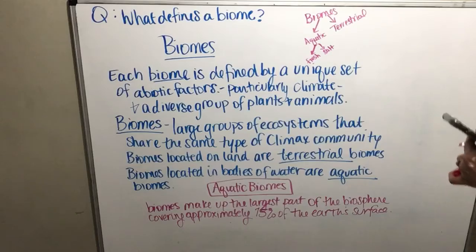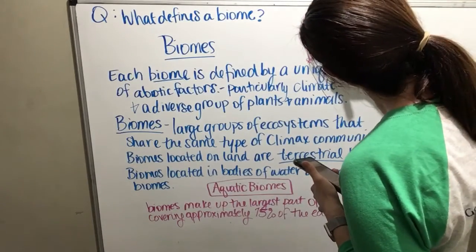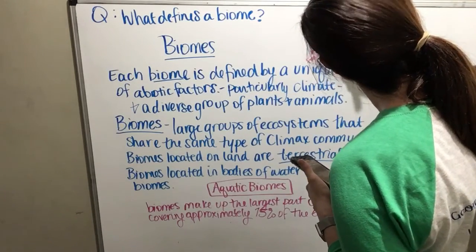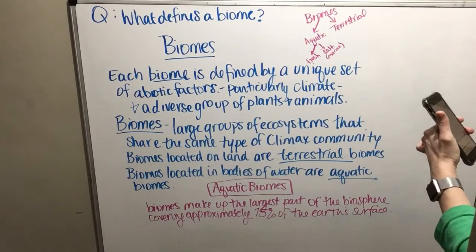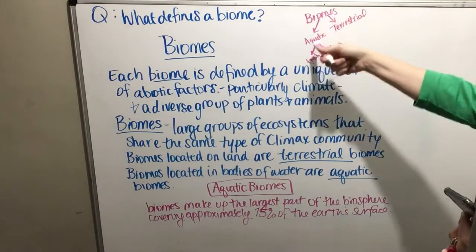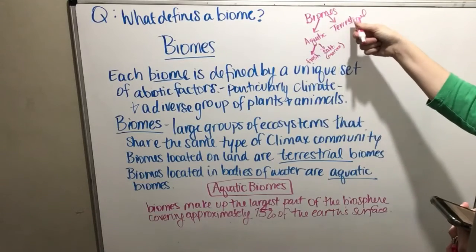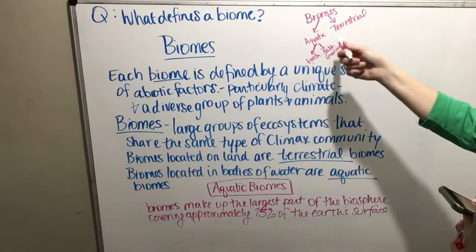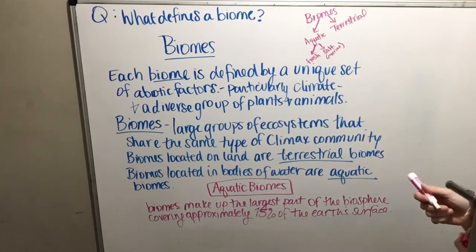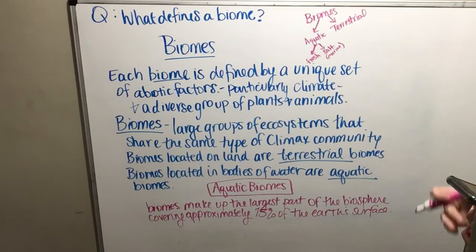Or we call saltwater marine. I don't know if you can see that. Okay, yeah, you can see that. So we have biomes. There's aquatic and terrestrial, so water or land. And then under aquatic, we have freshwater and we have saltwater or marine environments.